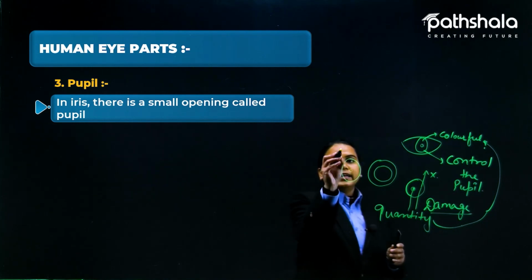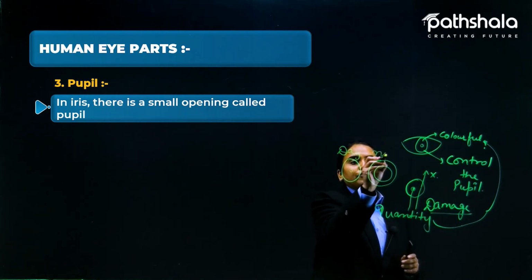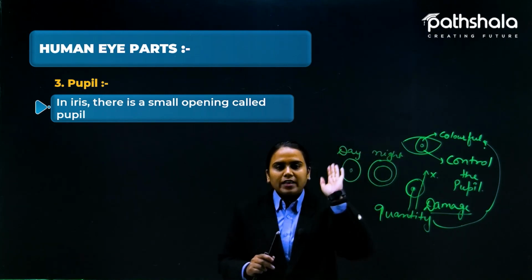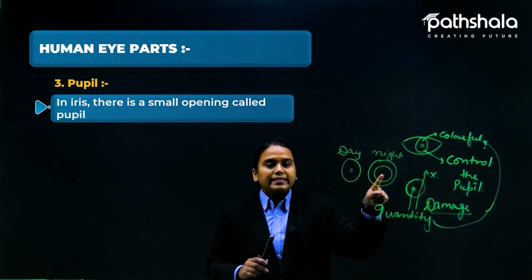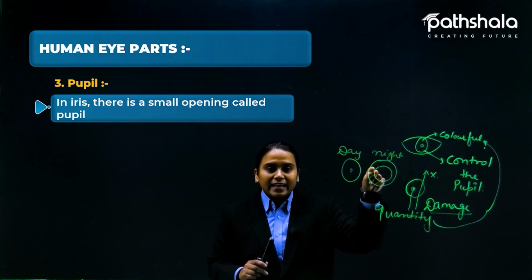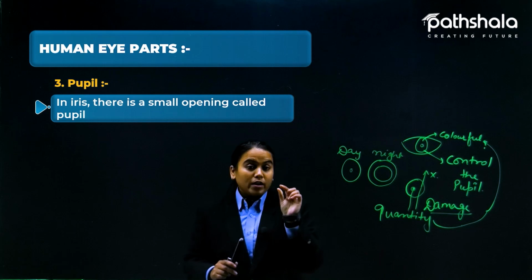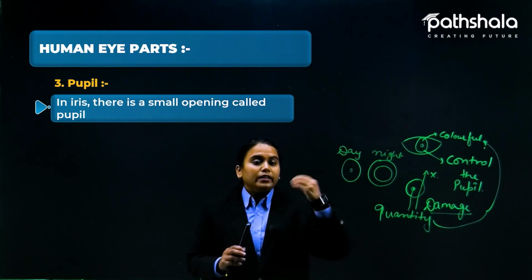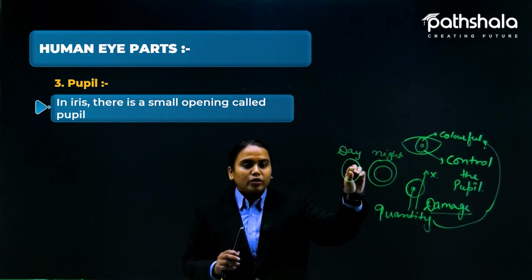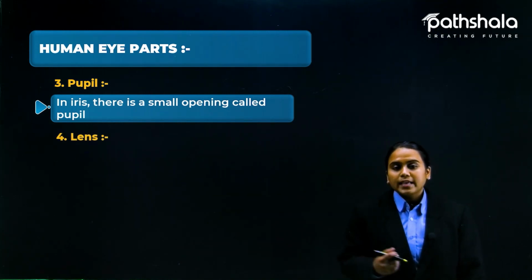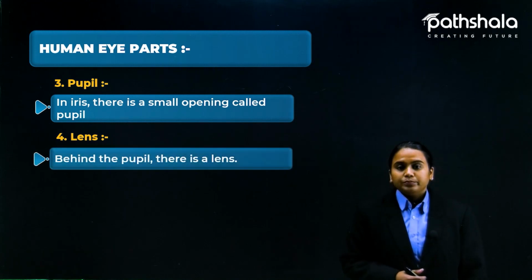If you are standing in proper night time, without any house light, the pupil size will get large like this because of the iris. And on a sunny bright day, you will see that your pupil size gets less.